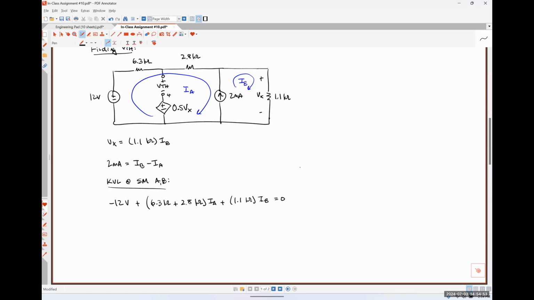And so these two equations together give us a 2-equation, 2 unknown system that we can solve for IA and IB.